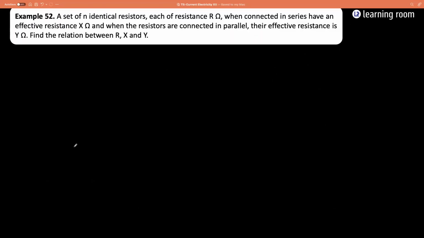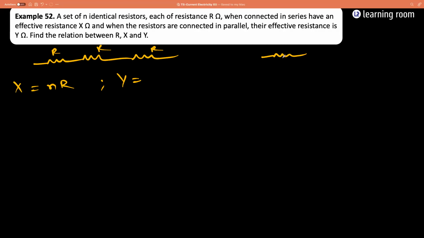Read this question. A set of n identical resistors, each of resistance R, when connected in series, have an effective resistance capital X. So equal resistors connected in series, if I call that X, then X is equal to N into R. When the resistors are connected in parallel, their effective resistance is, can you directly tell me without solving?